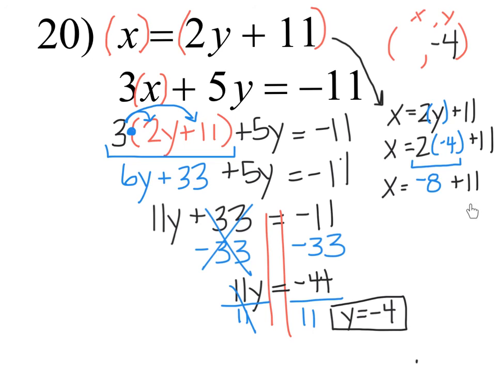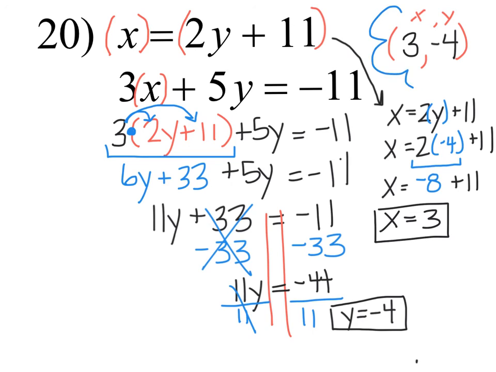They have more. I have to figure out how many more. X is equal to 3. I can write that in my coordinate pair. And now I've got my final answer. These two lines cross at 3, negative 4 on the coordinate plane.